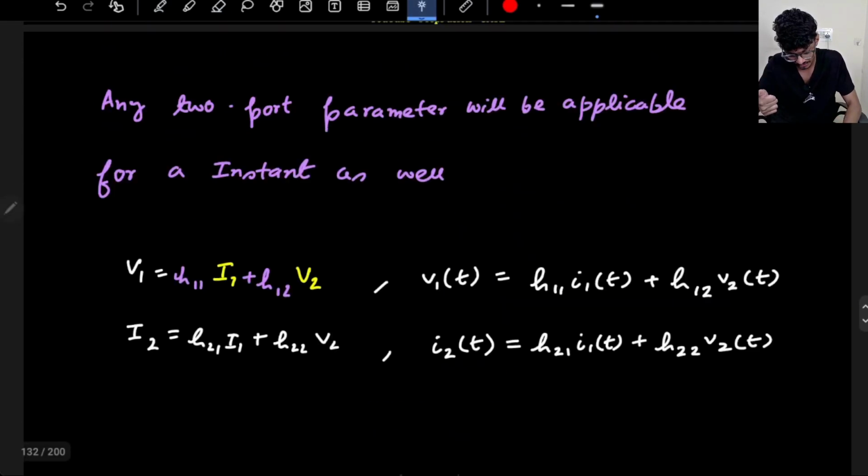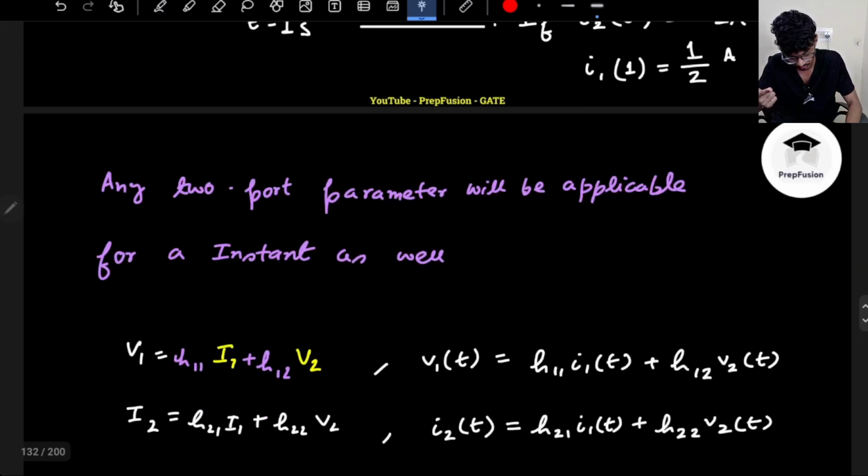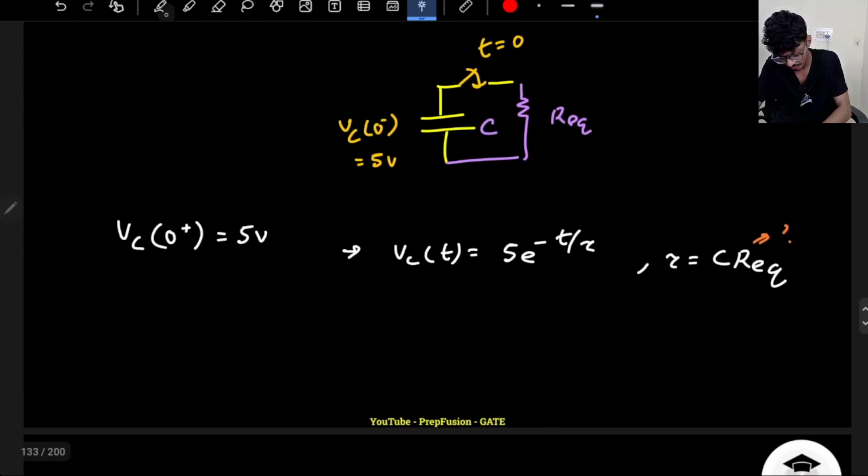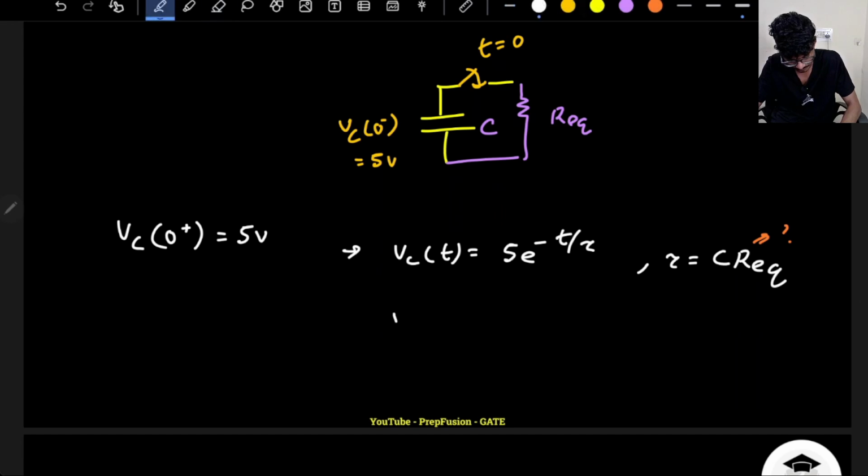I have to find Vc of t at t equal to 1 second, so I put t equal to 1. Vc of 1 will be 5 e raised to power minus 1 by tau. So this is what my Vc of 1 will be equal to.